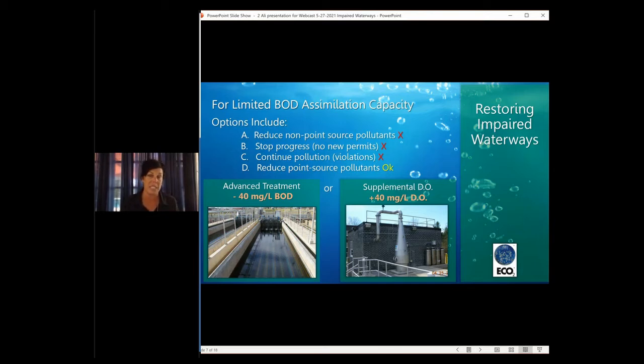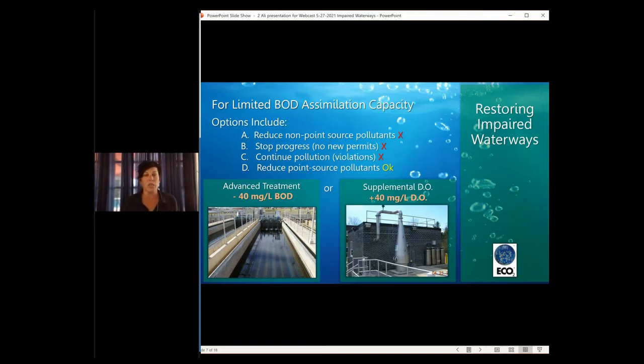So we get down to option D, which is reduce point source pollutants or loads coming from those sources that we can identify. And we can limit and we can control and we can probably find funding. So let's take a look at what that looks like.